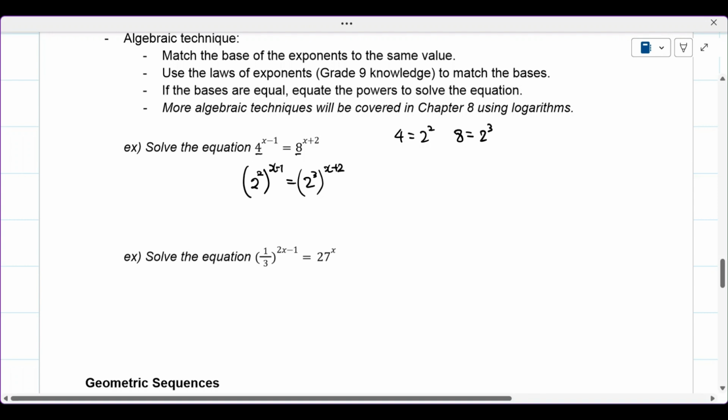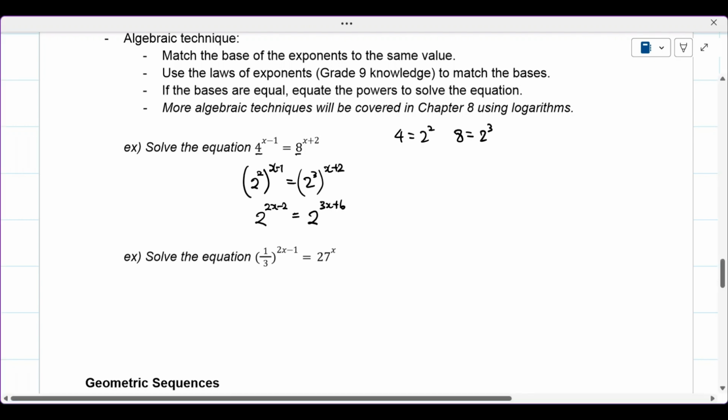Now, using the law of exponents, where when you have the power of a power, we multiply the two powers, right? So my next line would be 2 to the power of 2x minus 2. I multiply 2 by x minus 1. And then 2 to the power of 3 to the power of x plus 2 will be 2 to the power of 3x plus 6.